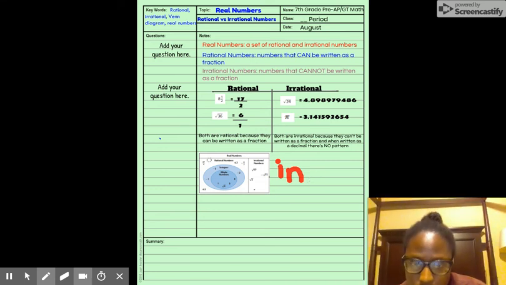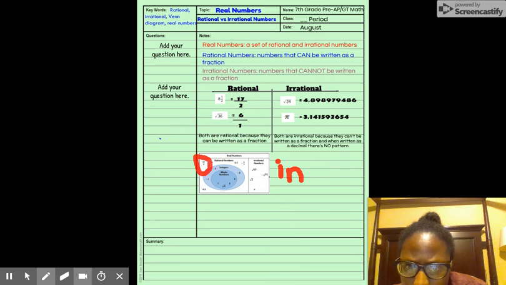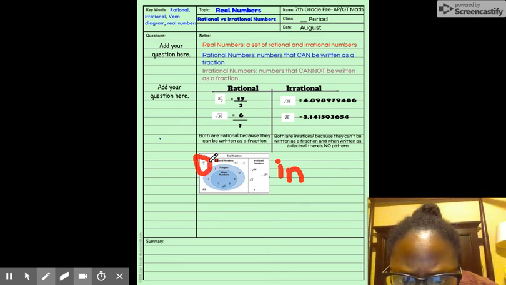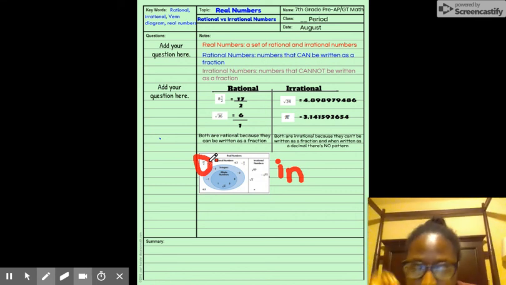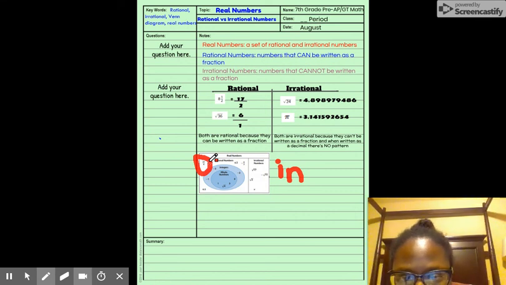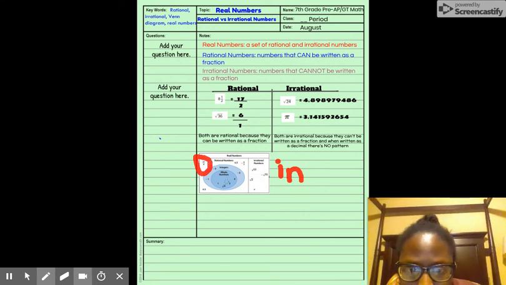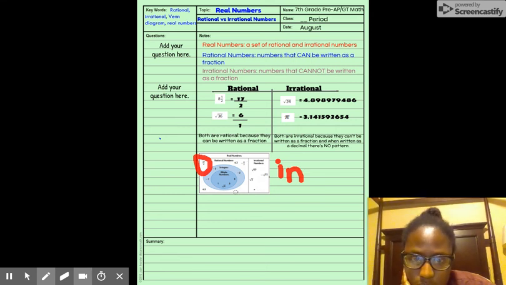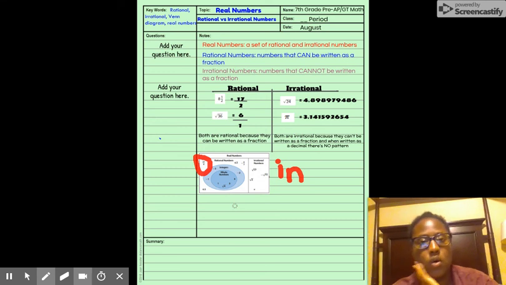So if you see that you have these weird ones right here, I think that's 27 divided by 4. And then we have negative 4 over 7. We have square root of 4, which is weird because you wouldn't think a square root would be a whole number.